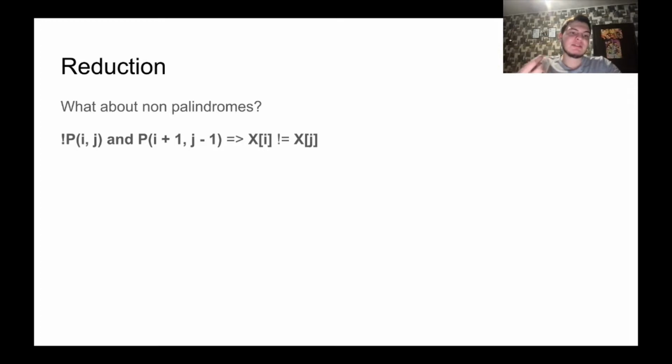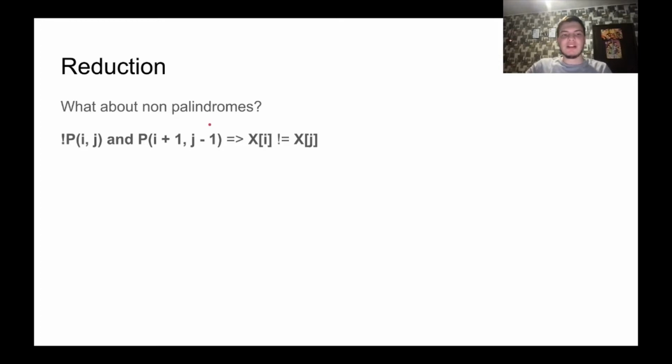Now the second observation, which is pretty similar. Imagine that P of i plus 1 and j minus 1 was a palindrome, however P of i j was not a palindrome. In other words, we have a large string such that the left bound isn't equal to the right bound, but everything in between is a palindrome. If we have something like that, then the left character shouldn't be equal to the right character. The information on the left-hand side can be easily found just from the given string s, and it's not conditioned on anything.